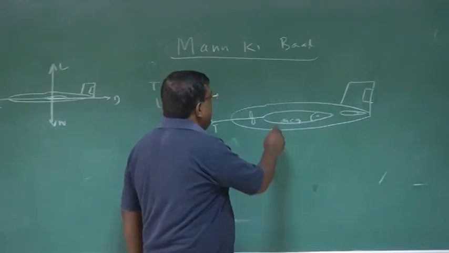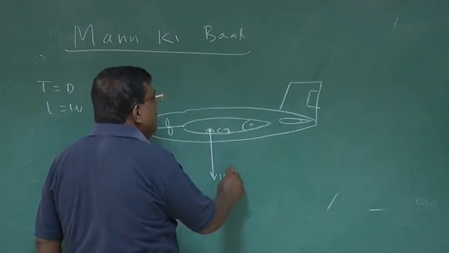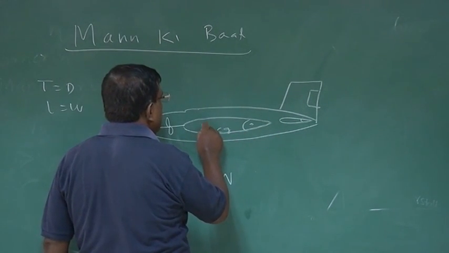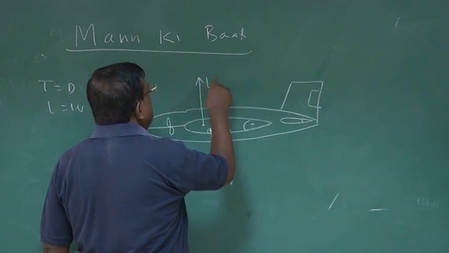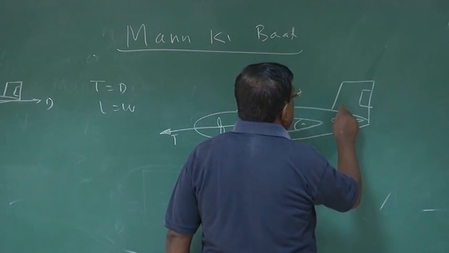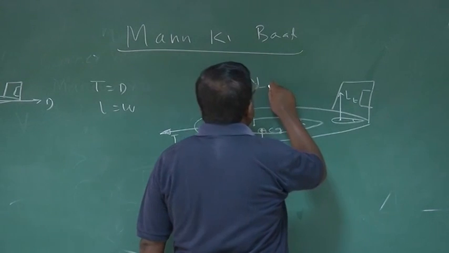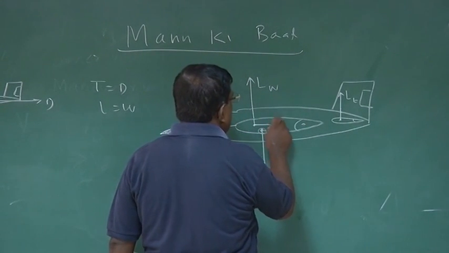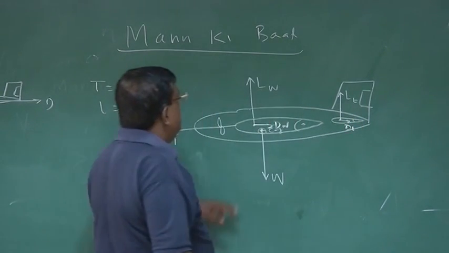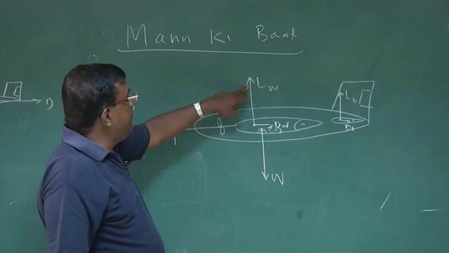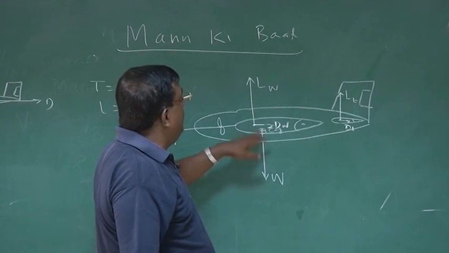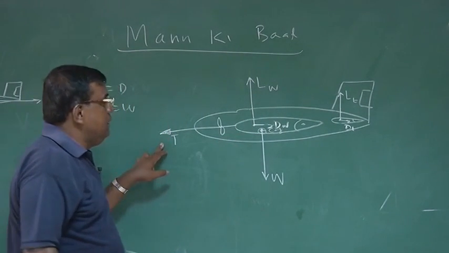Weight is here. Then lift on the wing will be at some point, let's say here. I will explain exactly where this point will be. Similarly, lift on the tail will be somewhere here. Then drag on the wing and drag on the tail. Let me repeat. This is the point of application of lift on the wing, lift on the tail, drag on the wing, drag on the tail, and this is the weight of the overall airplane. This is the thrust.